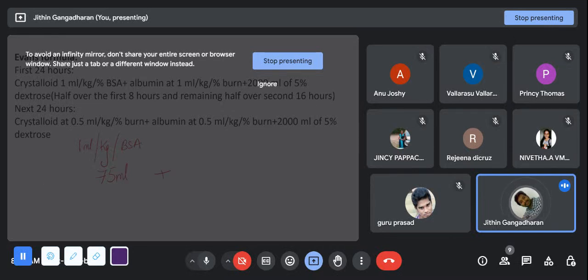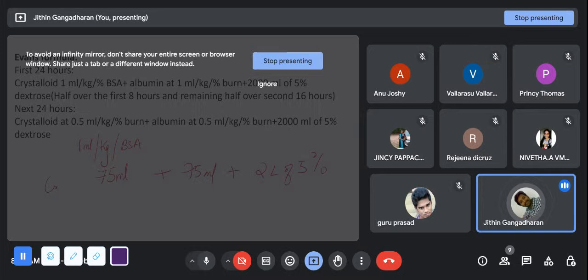Plus albumin, again 75 ml. Plus we'll give 2 liters of D5. This is the Evans formula. Half will be given in the first 8 hours, the remaining in the last 16 hours.